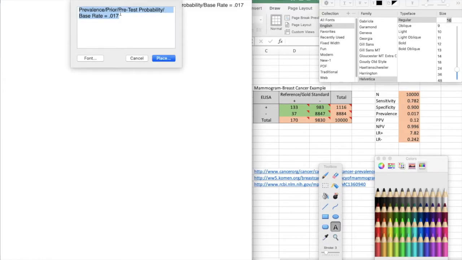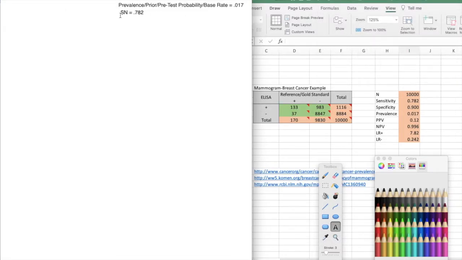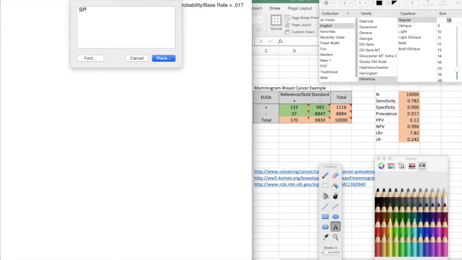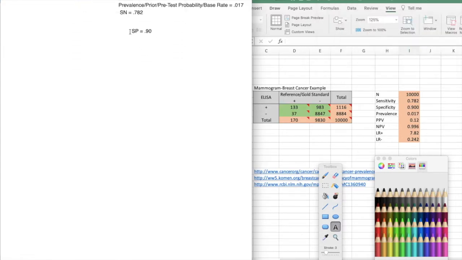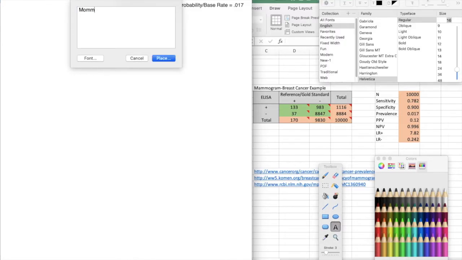I know that sensitivity equals 0.782. I know specificity equals 0.9. Again, you could do this with any test. We'll say mammogram.